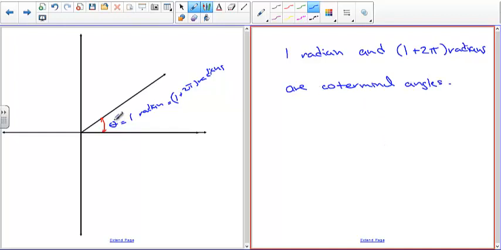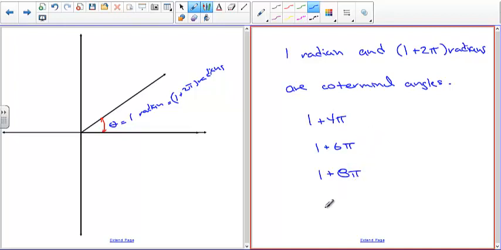Coterminal means that they look exactly the same, even though one has just gone from here to here and one has gone all the way around one time. So I could list a bunch of angles that are coterminal with 1 radian: 1 plus 4 pi, 1 plus 6 pi, 1 plus 8 pi. All of these are coterminal angles.